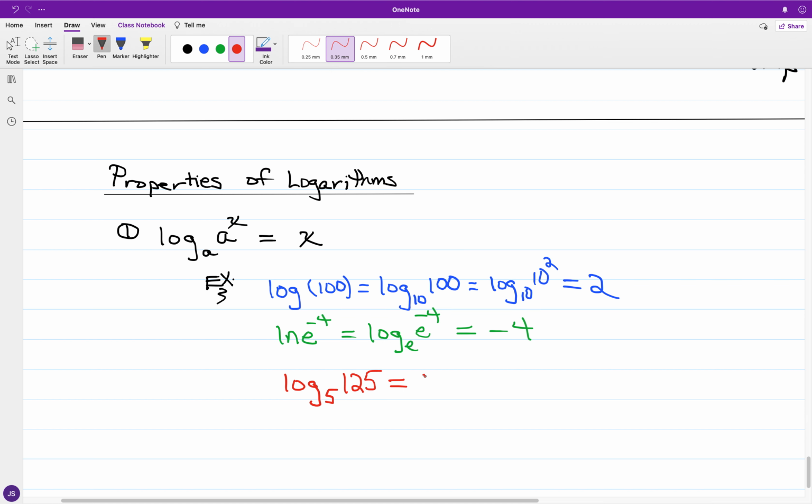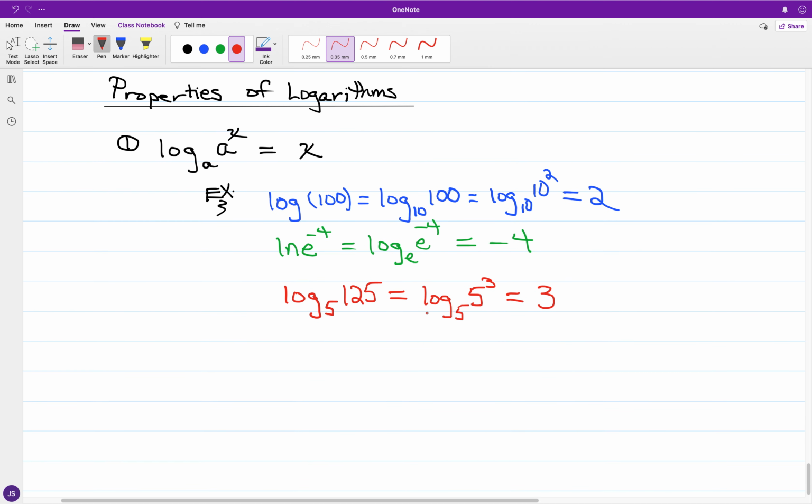Here I can reduce, because like 10 is to 100, 5 will be to 125, in the sense that the higher number is both a multiple and an integer power of the logarithmic base. 125 is 5 raised to the third power, since 5 times 5 times 5 is 125. Here a is represented by 5, x by 3. So this reduction amounts to the number 3. So this is our first property.